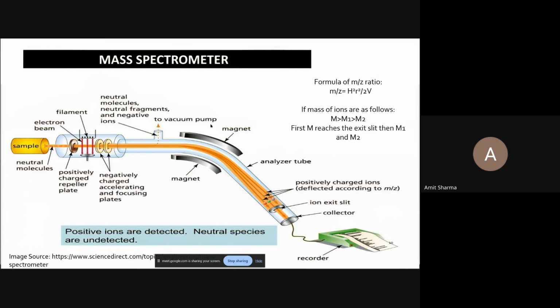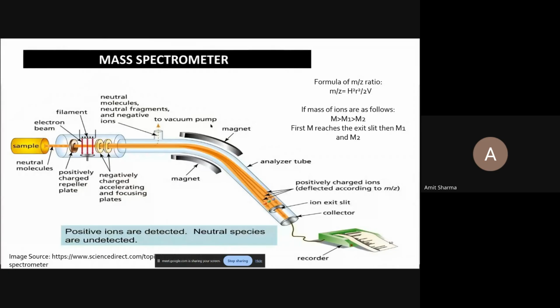After the filament, the sample is then moved on into negatively charged accelerating and focusing plates. In between these plates, we have three electrodes present. The first electrode is positively charged, the second, middle electrode is negatively charged, and the third electrode, on the right hand side, is more negatively charged than the second electrode.